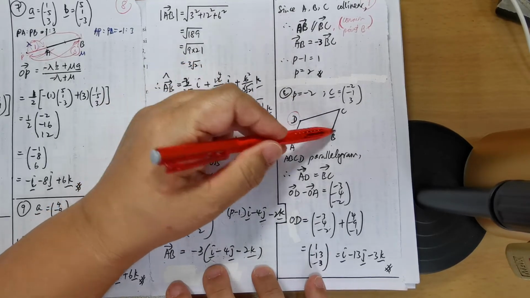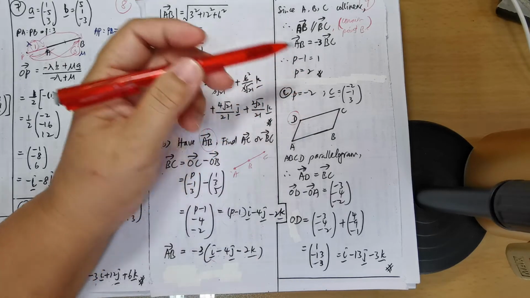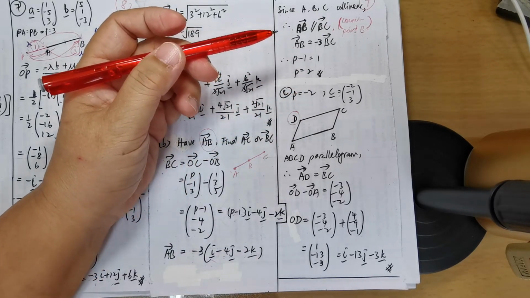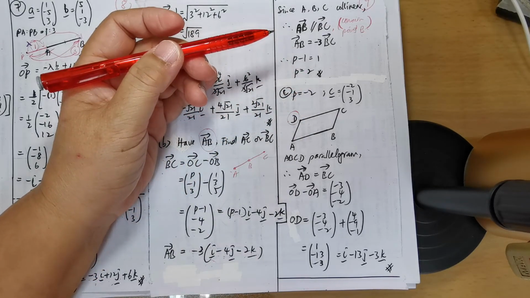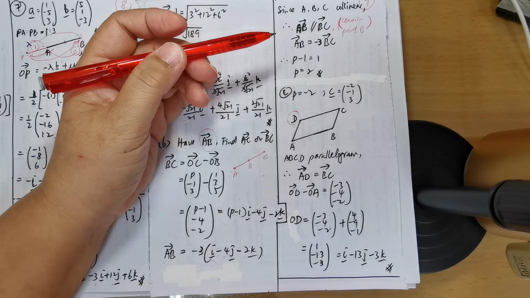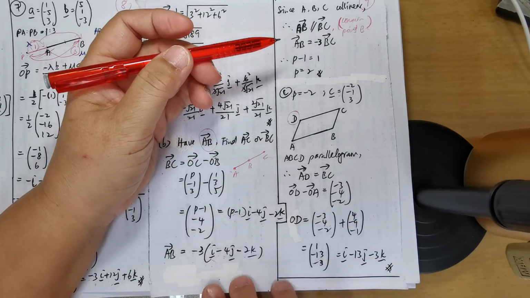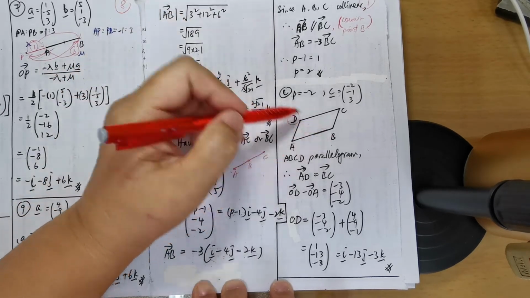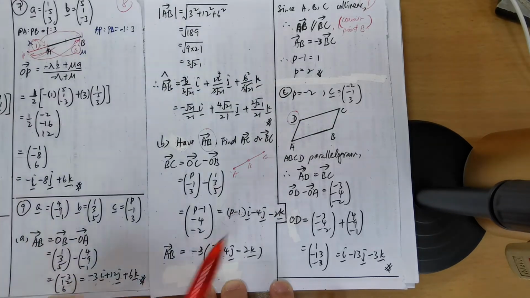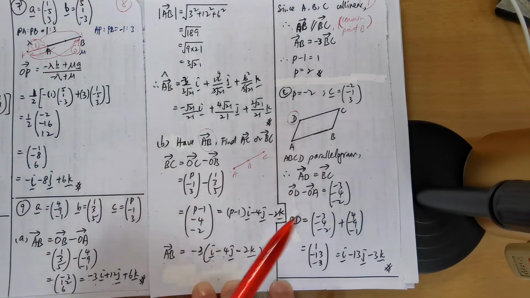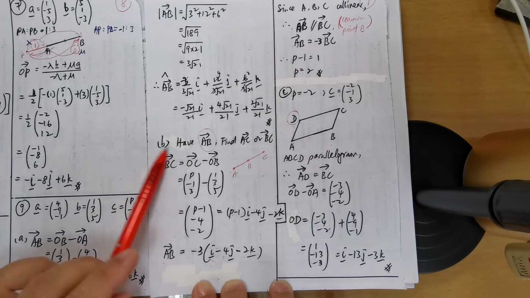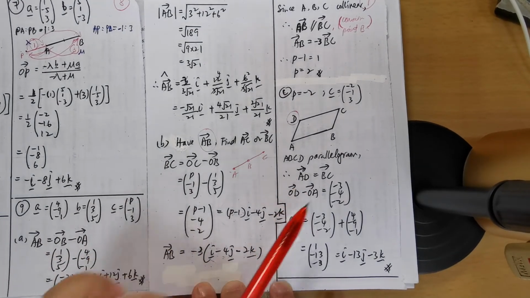You can use AB and DC, no problem, up to you. For me, I use AD and BC, because I already have BC, so I calculate AD only.